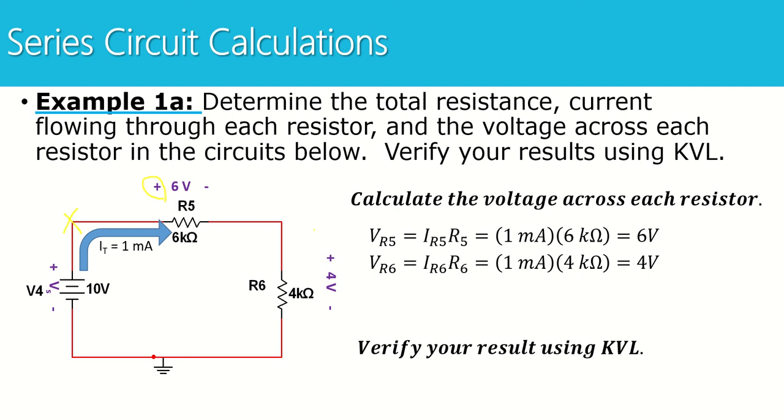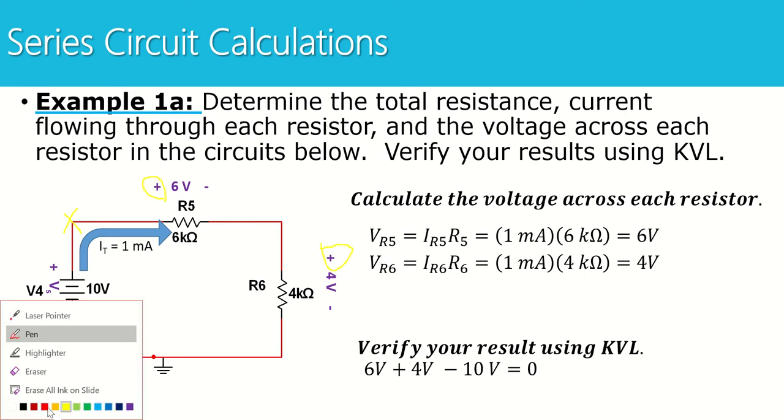As I keep going along, I get a positive 4 volts. And as I keep going along, I get a negative 10 volts. So my equation becomes positive 6 volts plus 4 volts minus 10 volts equals 0. That is how I set up my KVL equation.